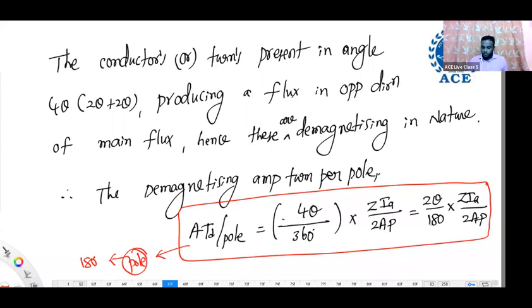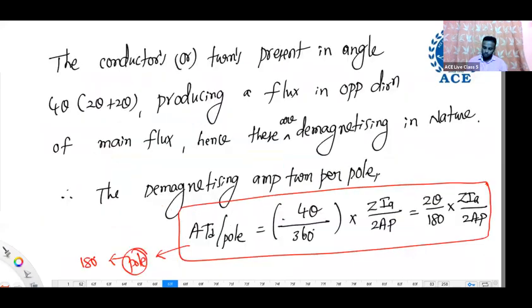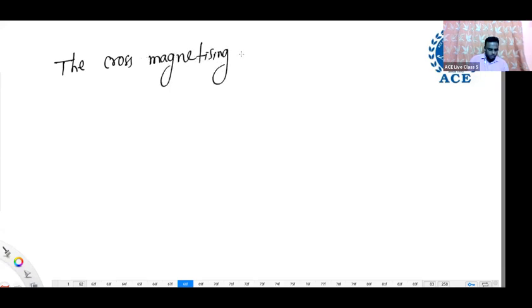Next, similarly, the cross magnetizing ampere turn per pole.